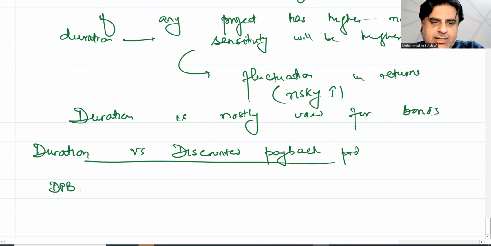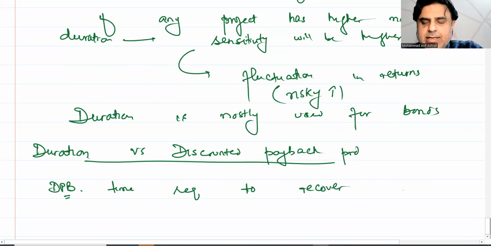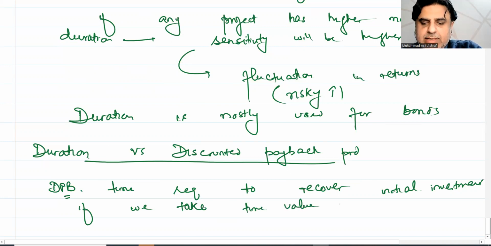Discounted payback period. This basically is suggesting the time required to recover the initial investment if we take time value of money into account.